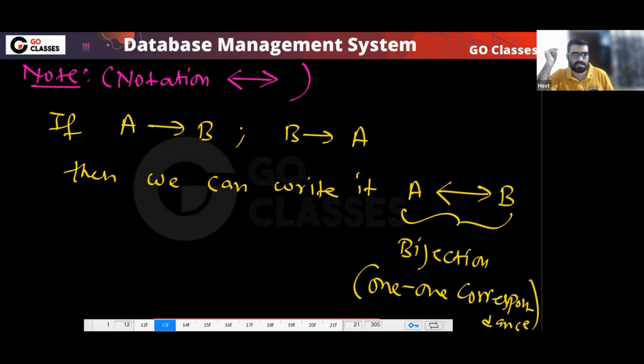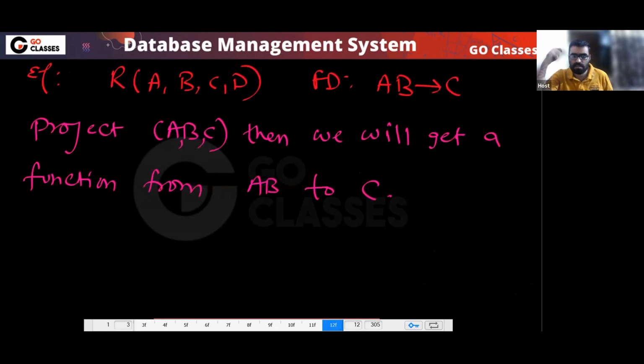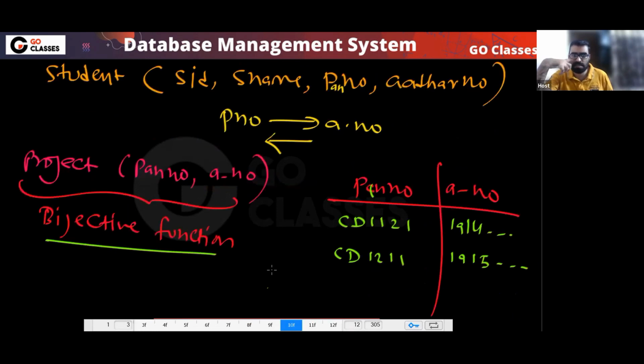Is this clear to everyone? We have already taken this example. Here, PAN number implies Aadhaar number, and Aadhaar number implies PAN number. If you know the value of the PAN number, then you also know the value of the Aadhaar number. If you know the value of the Aadhaar number, then you also know the value of the PAN number. So this is a bijection, a bijective function.